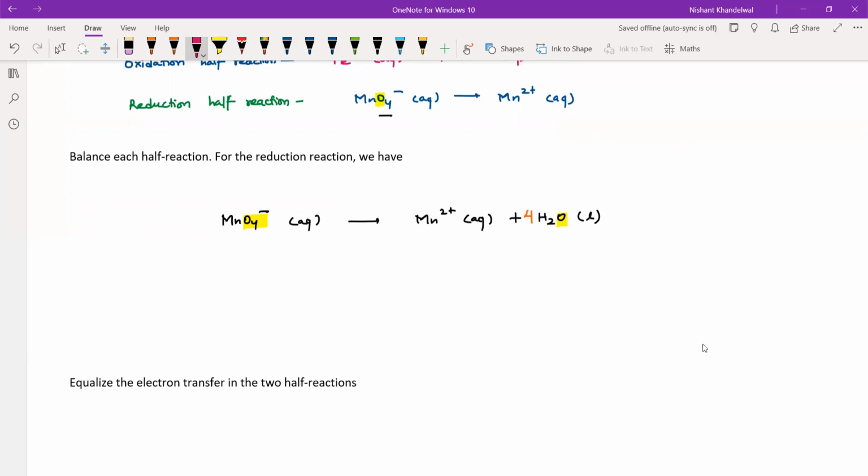The total H on the right hand side is 8, so 8 H plus. To balance those, I add the same quantity here, 8 H plus. Now hydrogen, oxygen and Mn are balanced, and everything is balanced except the charge.